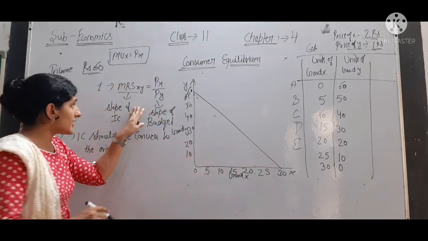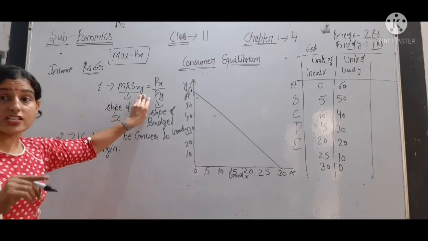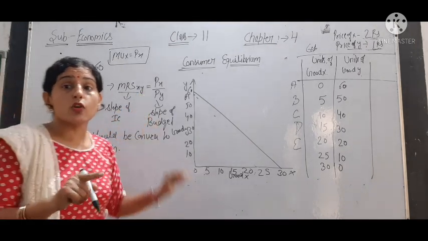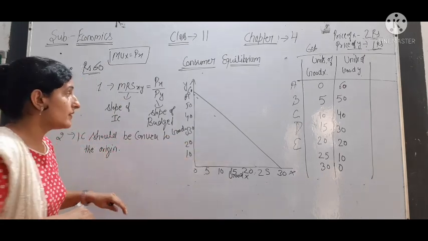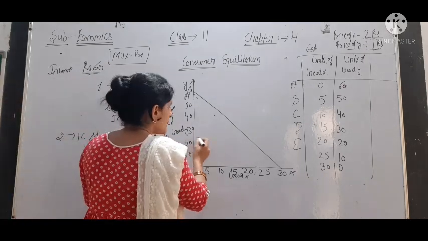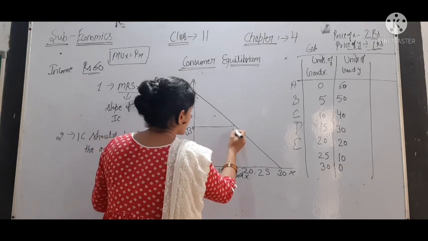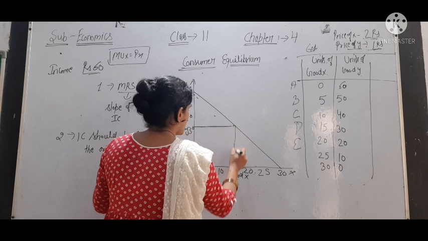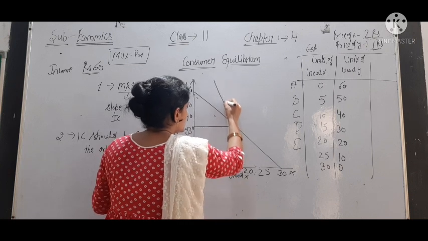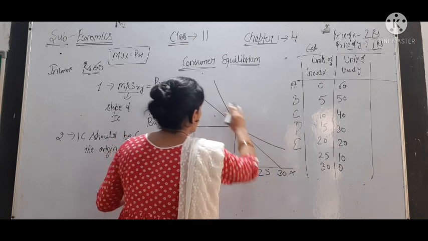So our first condition: MRS, means marginal rate of substitution. The slope of IC should be equal to the slope of the budget line, okay. So we can say this is our IC, okay.